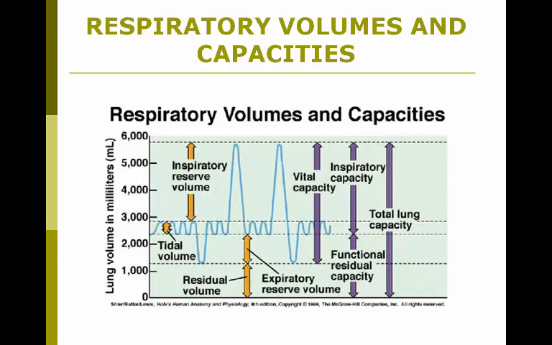Every time the blue line goes up from 2,300 to 2,800, that's the tidal volume of air. 500 milliliters has moved into the lungs. You'll notice 2,300 to 2,800 is 500 milliliters.